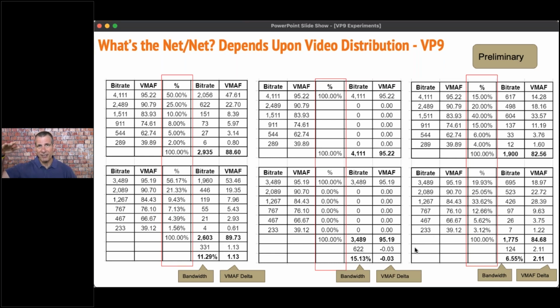Again, I started all the encoding ladders at 95, so in some cases there was a small difference there, not meaningful. And then here, this is a more middle-centric clip where we see a lot more of the distribution down here. Now, because there's so little distribution in the top clip, there's very, very little bandwidth savings. Now, there is a 2 VMAF jump here, but that's not inspiring when it comes to implementing a new codec.